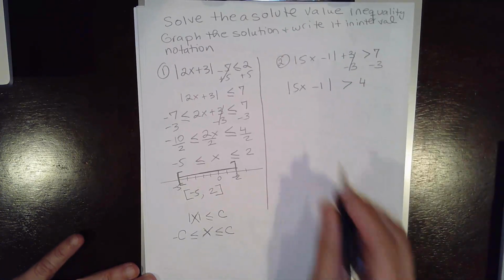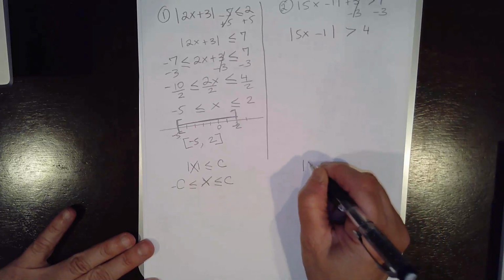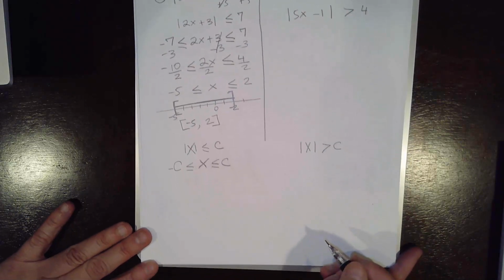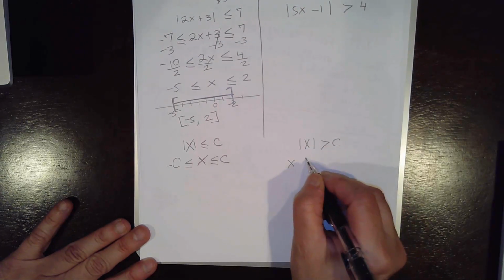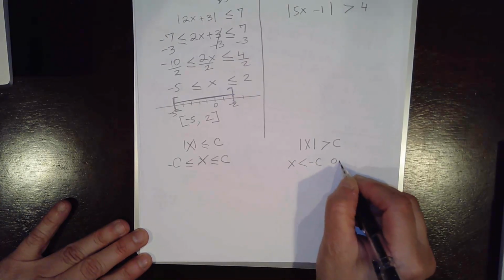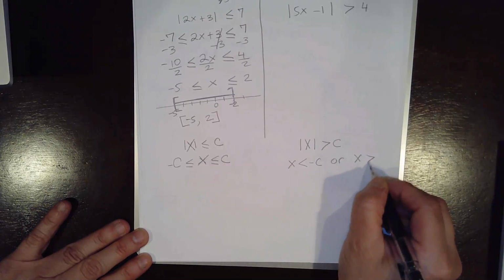Now this is slightly different. Whenever you have the absolute value of an expression greater than c, that's the same as the expression flipped, that becomes less than, the opposite of c, which is negative c, or the same without the absolute value, x greater than c.